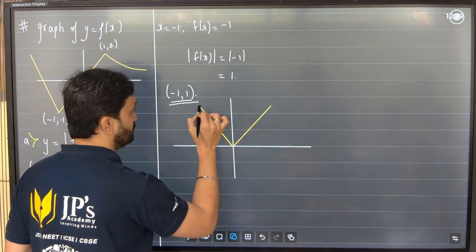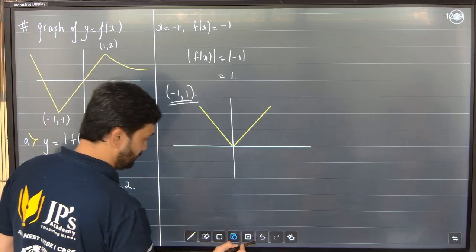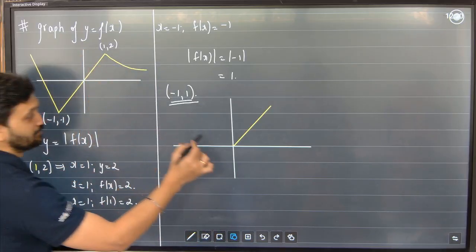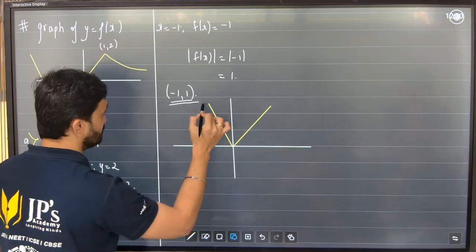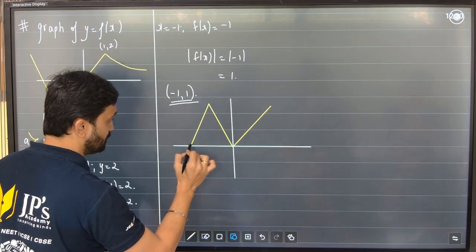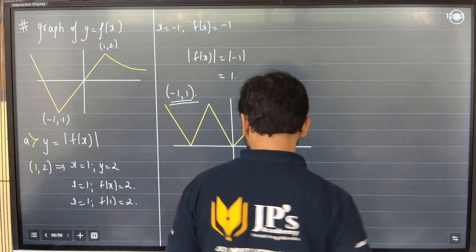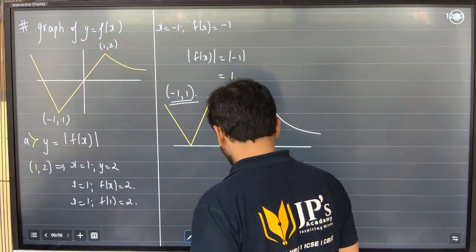It will become like this. Look, this part that is below will go right up. It will become like this. And it will come up to here and then become like this. So this is the diagram that it will look like. And this will remain the same. So the first part is not changing at all.